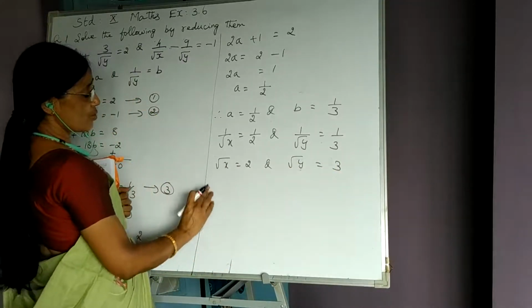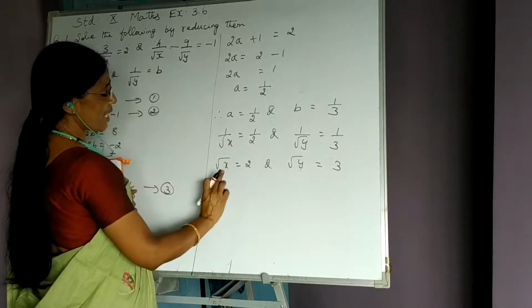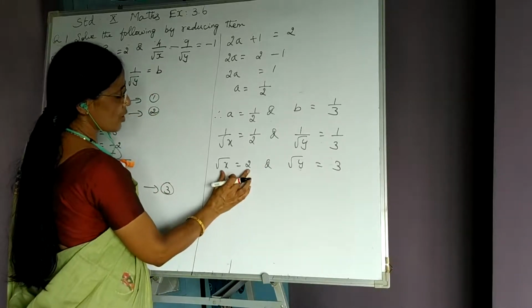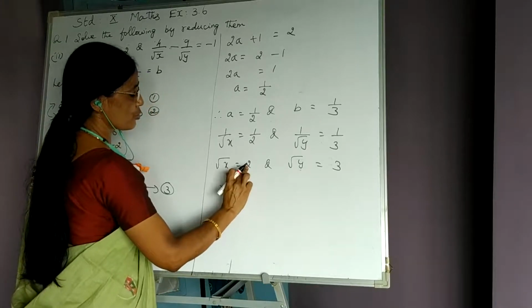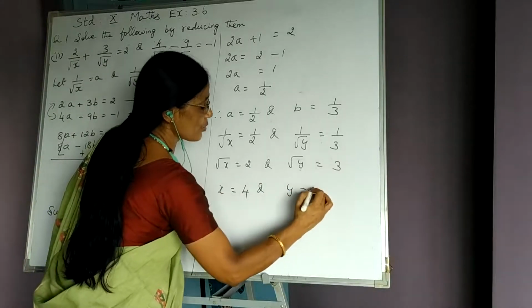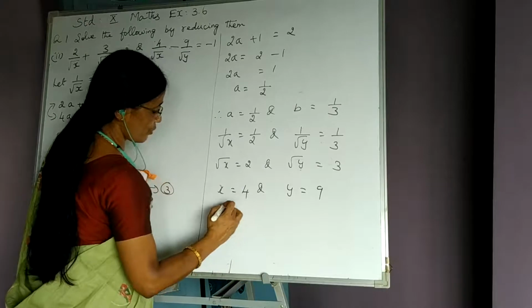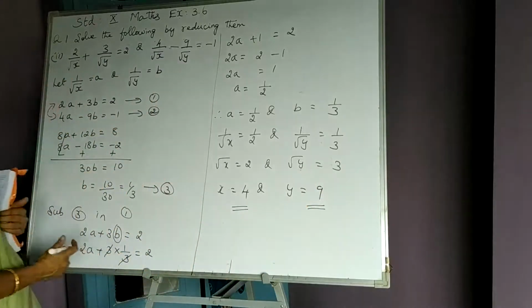But we want values of x and y and not root x and root y. Therefore, to eliminate the root, we are taking square on both sides. So, x becomes square of 2. 2 square becomes 4 and y is equal to 3 square, which is equal to 9. Therefore, value of x is equal to 4 and y is equal to 9.